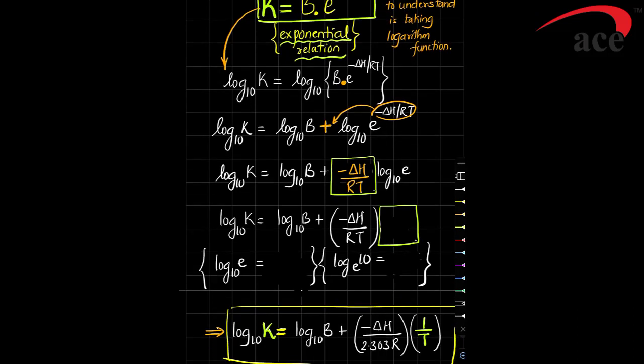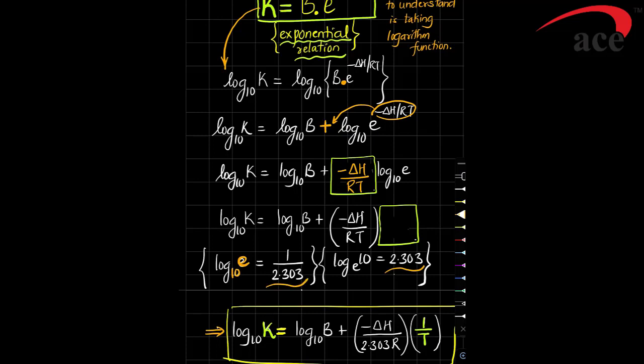Then log e value is known. What is the value of log e? Remember, log 10 to the base e value is 2.303, and log e to the base 10 is 1 upon 2.303, the reciprocal of that.